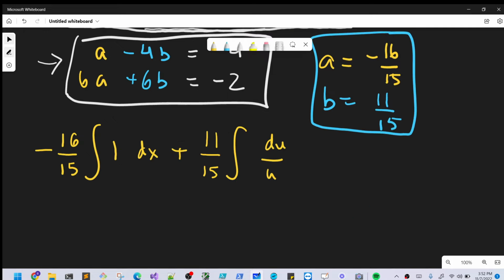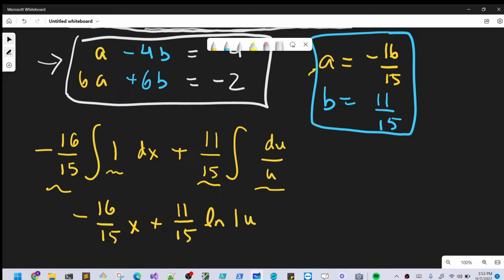Then going back to our original integral, we've plugged in our a value here and our b value. And remember, we canceled out our first integral to get a 1. And we made our substitution to have du over u. So these are really simple integrals now to get to the solution. We're going to end up with minus 16 over 15 x plus 11 over 15 ln absolute value of u plus c.